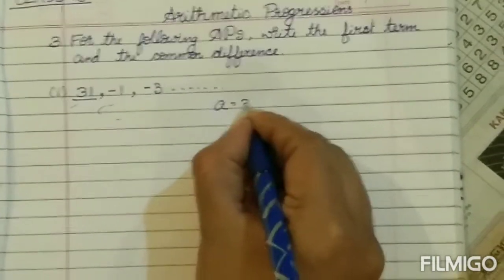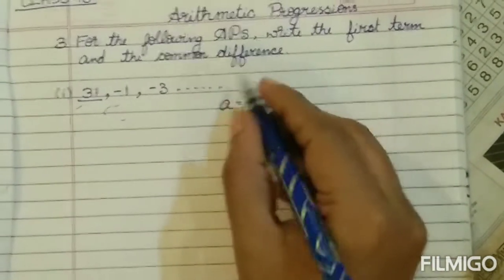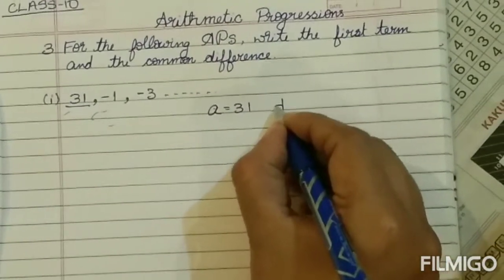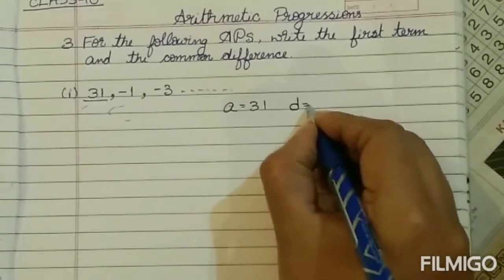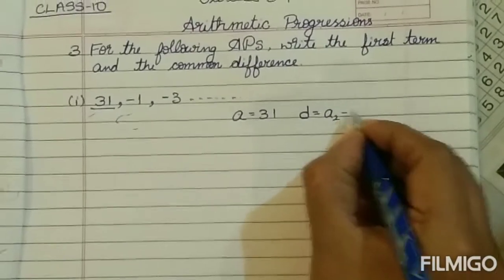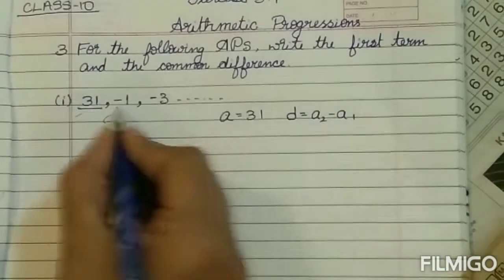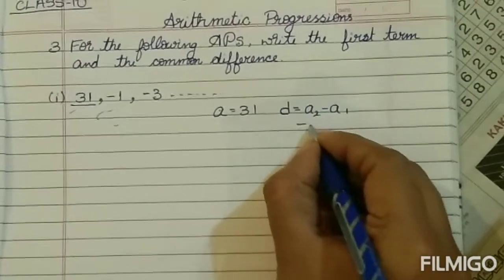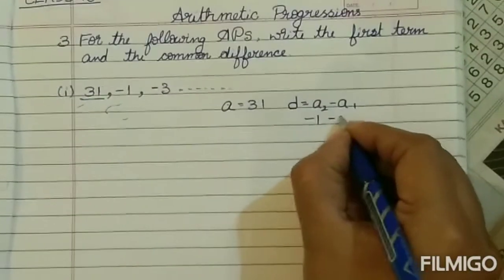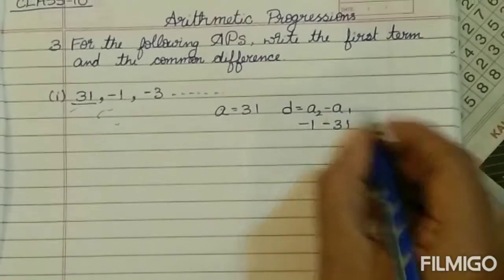A equals 31. And what about the common difference? D equals A2 minus A1, second term minus first term. The second term is -1 and the first term is 31.